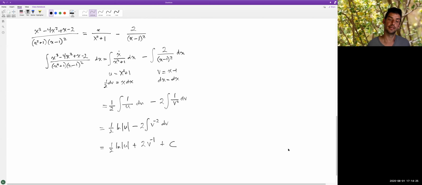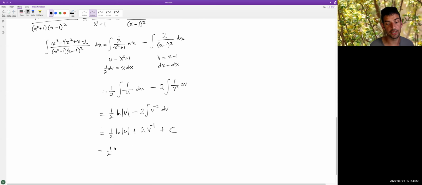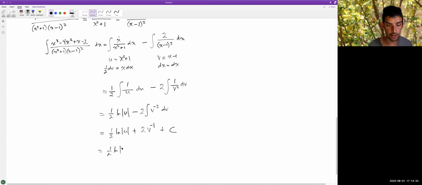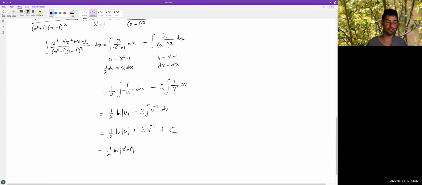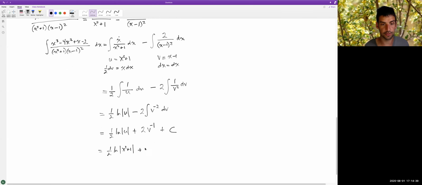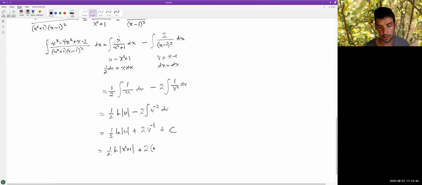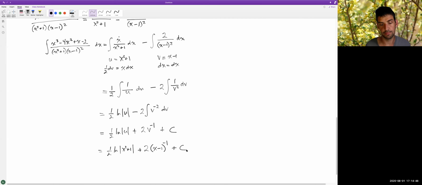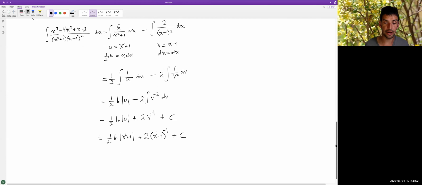And there's my plus c. And then I just have to put back in the expressions for x. u was x squared plus 1. I guess we don't really need the absolute value there, but it doesn't hurt to write it. And then v was x minus 1 to the -1 plus c. Okay, and there we have it.